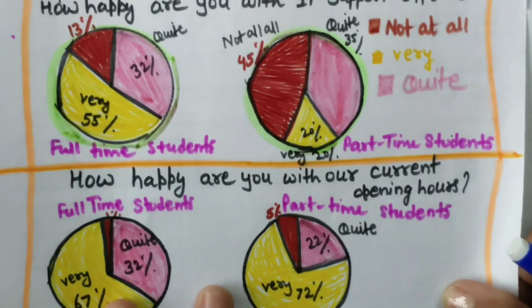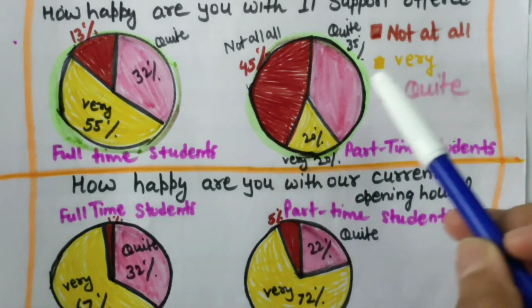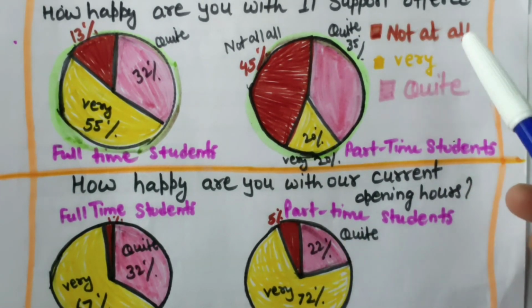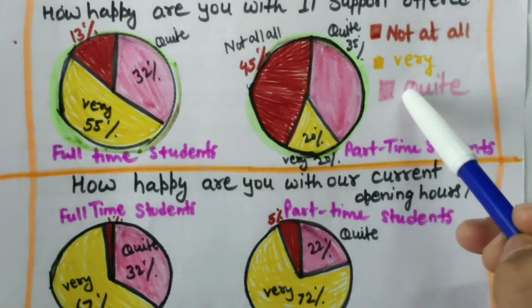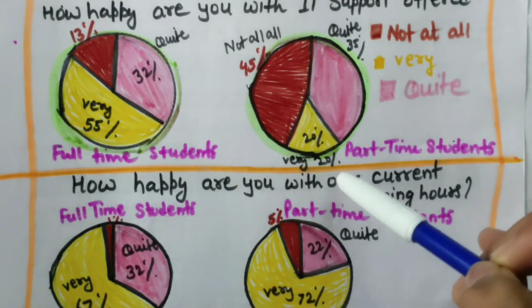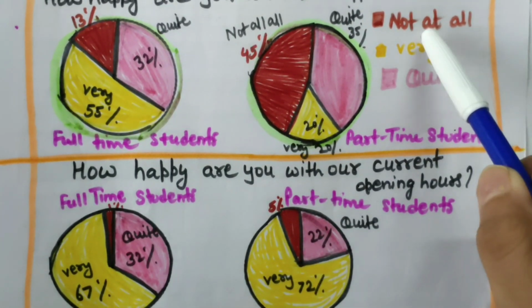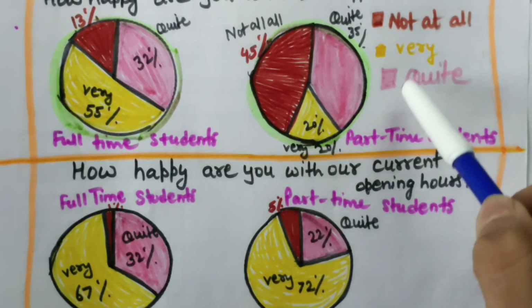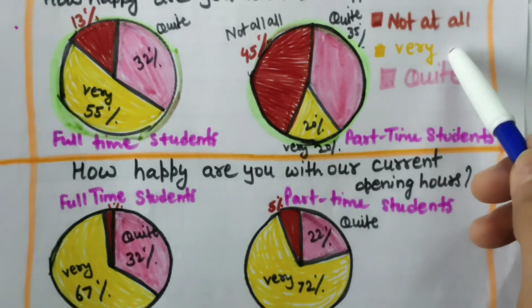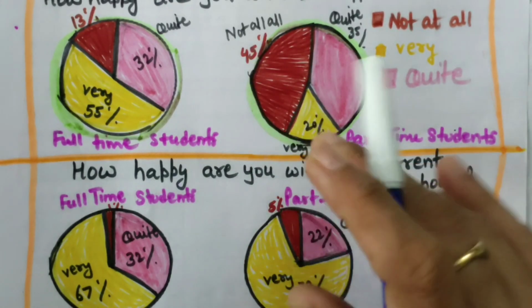Or you can take two categories, very and quite, in one paragraph, and the remaining, not at all, in one or two sentences you can talk about overall. I will show you.